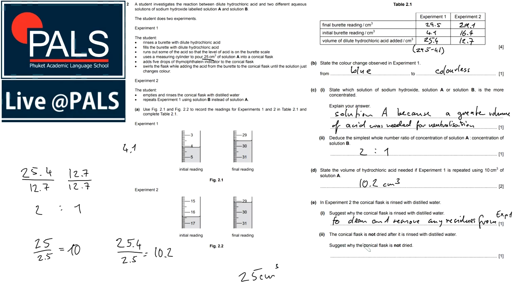If there are a couple of drops of water left in the cleaned conical flask, this will not change the moles of sodium hydroxide in our 25 centimeter cube that we are adding, which means it will not change the amount of acid that we will have to add to get to the point of neutralization.